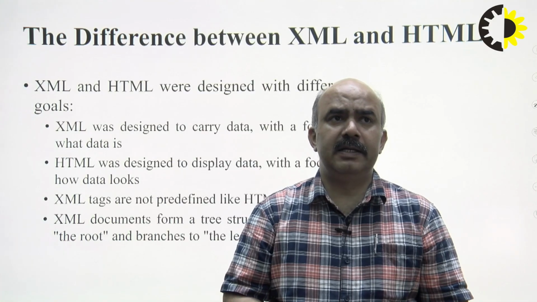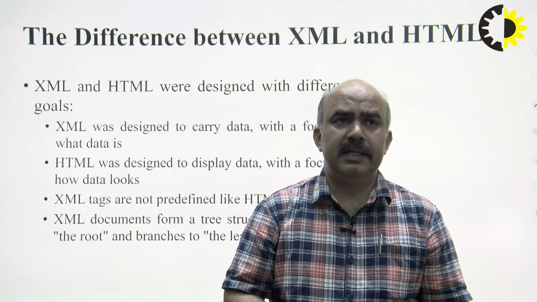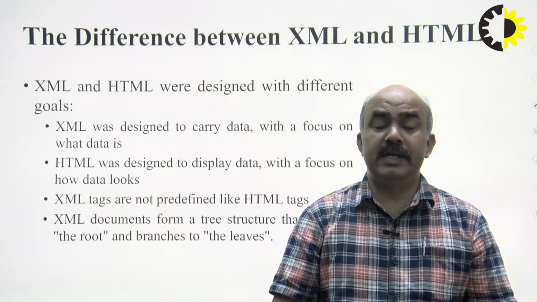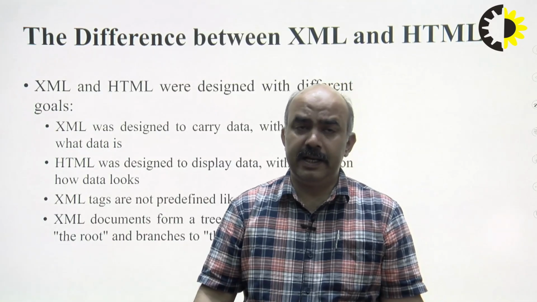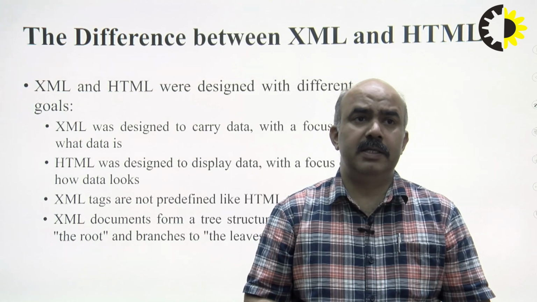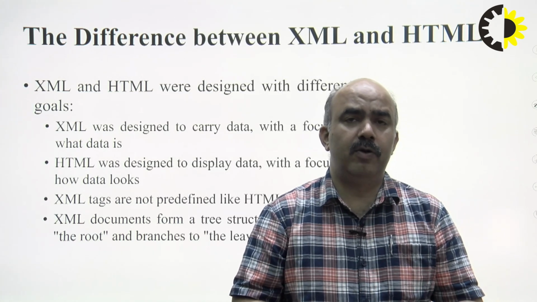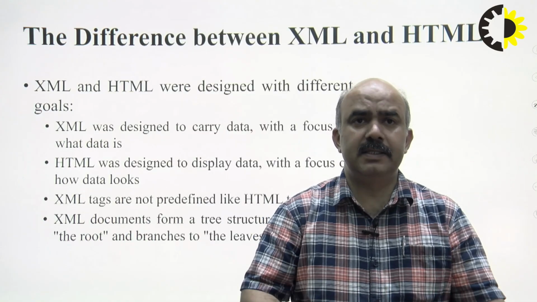So there is a difference between XML and HTML. XML is designed to carry data with the focus on what the data is, whereas HTML is designed to display the data with the focus on how the data looks, where in HTML we apply CSS in order to display the web pages beautifully.